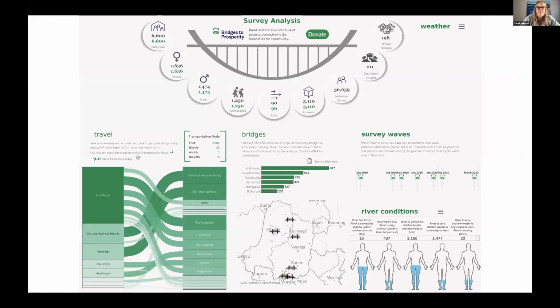This is Adrian. This project meant a lot to me. I really got into this project, although I didn't do a visual myself. This Bridges to Prosperity project was about building bridges in Rwanda and what impact it had on the people there. There was a lot of talk in the session about how it saved people so much time.